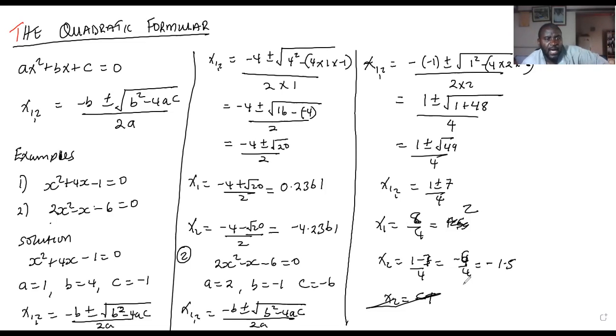If I put 2, I get 2 times 4, which is 8. 8 minus 2, you get 6. 6 minus 6, 0, correct.